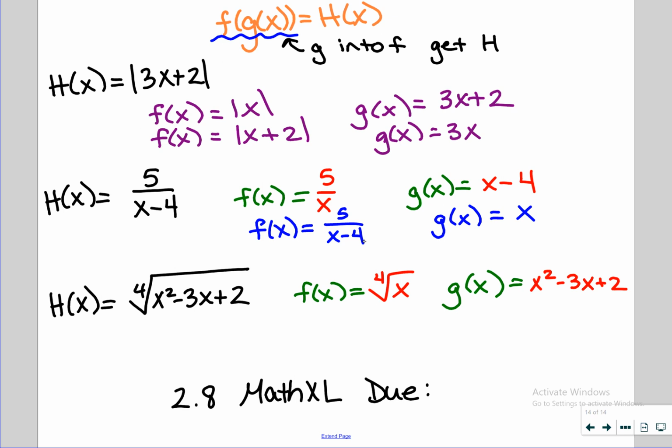Because I'm just replacing an x with an x and it works. So I could do that for this one. I could make it the fourth root of all this junk, and then x is my function g. That would work every time. Now in Math Excel, it's going to be multiple choice, and that will not be one of the choices. But you could do that. So this is called decomposing, when we have a composition and we're breaking it apart into pieces.